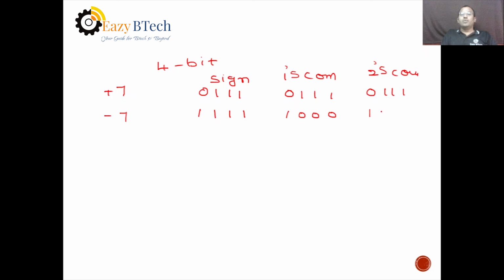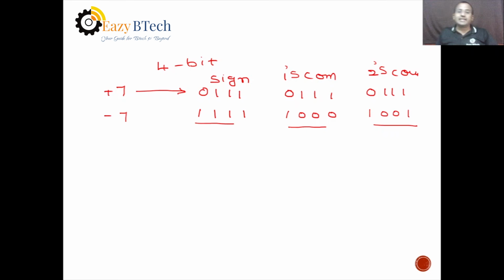So that is 1 0 0 1. You see, minus 7 is represented differently in signed magnitude, 1's complement and 2's complement, but plus 7 is the same in all three.